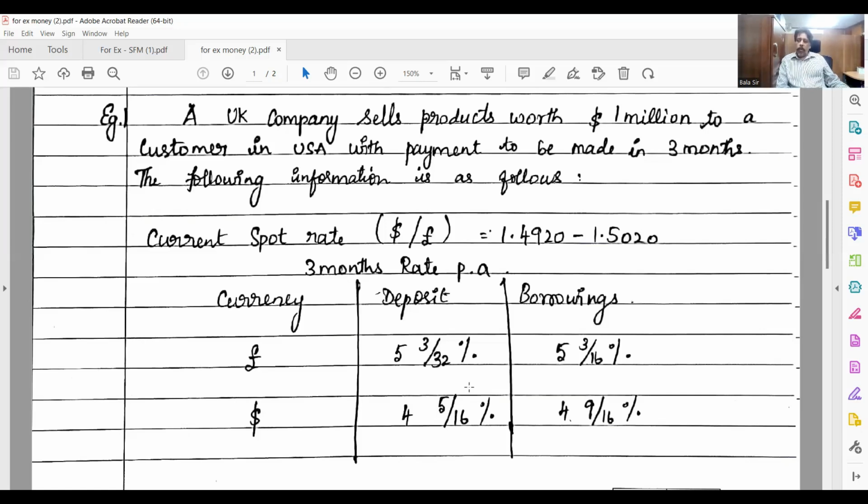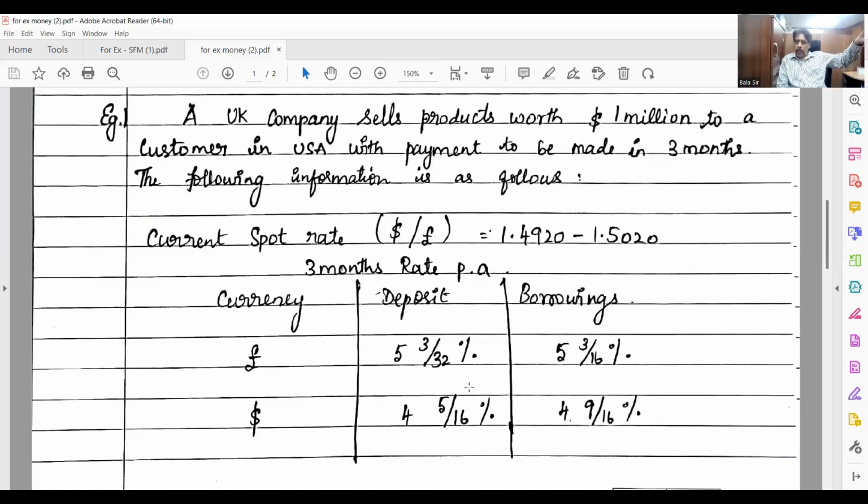What you can do is go for a forward contract. You can book a forward contract, take a forward cover. I think we saw a few examples on taking a forward cover, right? Yes, sir. Or you can go for a money market hedge, or currency futures, currency options, or a currency swap.